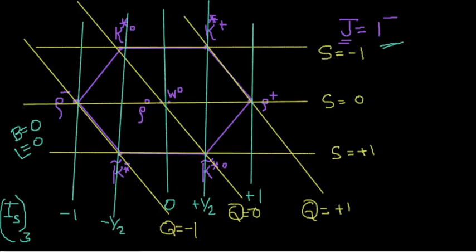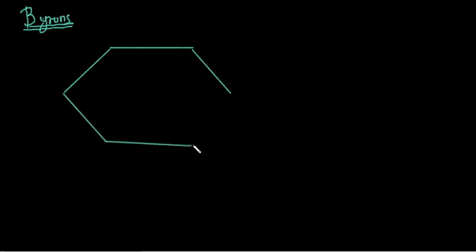Now moving further on, we will draw the baryon octet. In the baryon octet you again will have an octagon, and we'll again have 10 particles in this octagon.